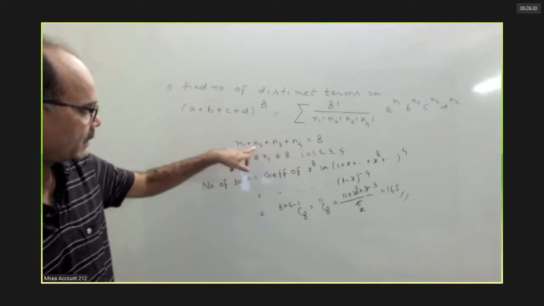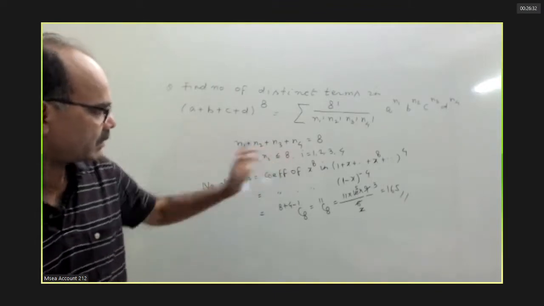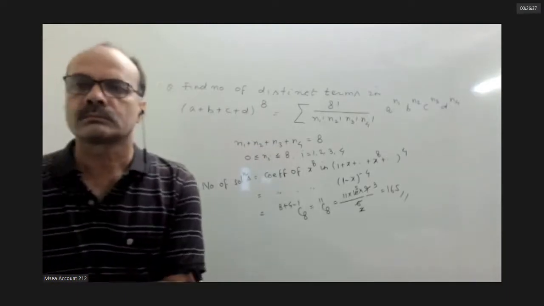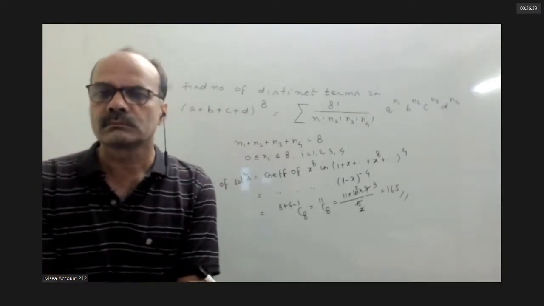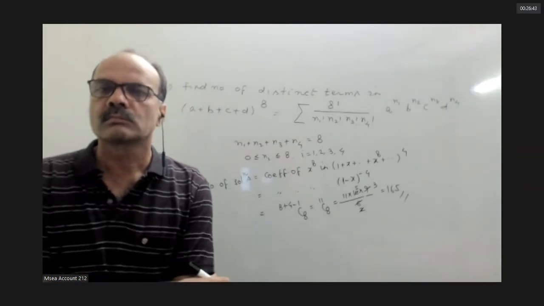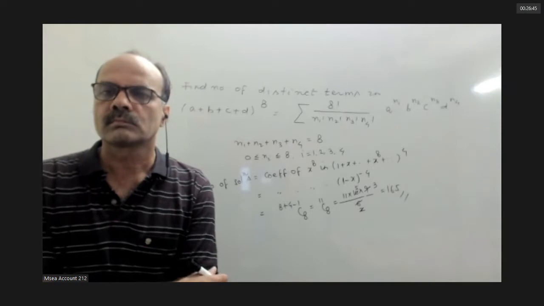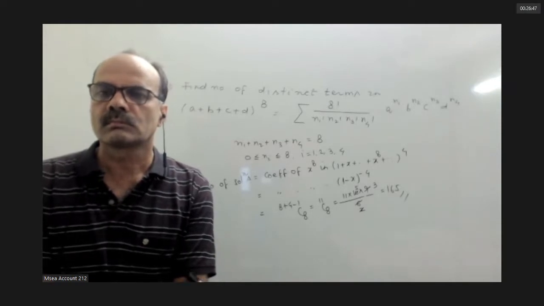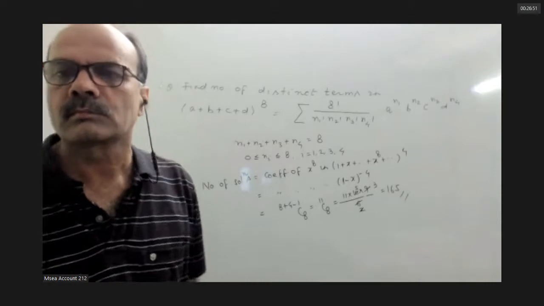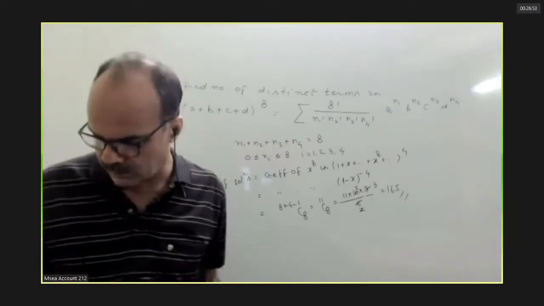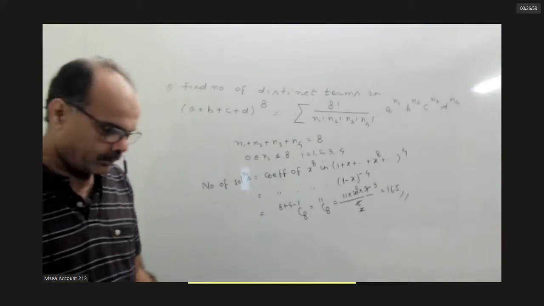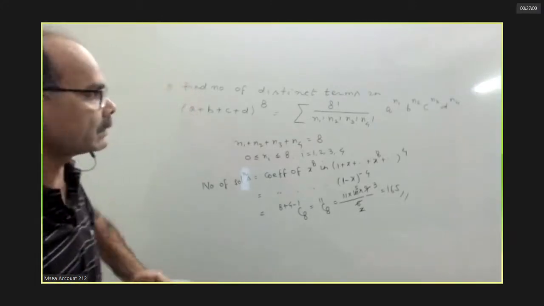Okay, sir. The range of each ni will be 0 to 8. Obvious. Yes, sir. Shall I rub it? Yes, sir. So this is over now. Come to double summation.